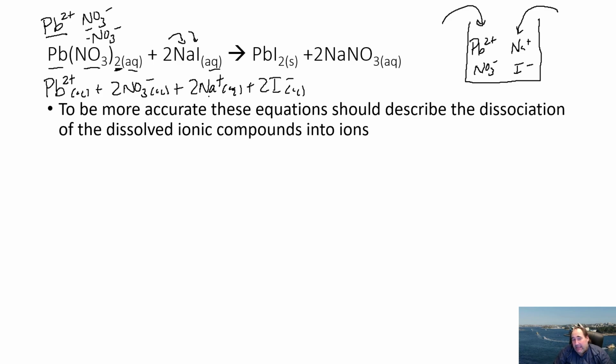Now, when we get to the other side of the arrow, we have this lead(II) iodide, which is actually a solid. The only way for something to be a solid is that it's not floating around separate from each other. Those ions have come together and attached to one another, kind of like what happens with sodium chloride when we got rid of the water.